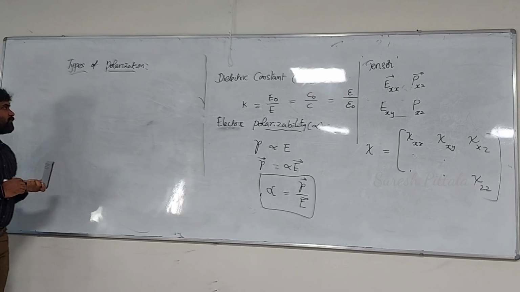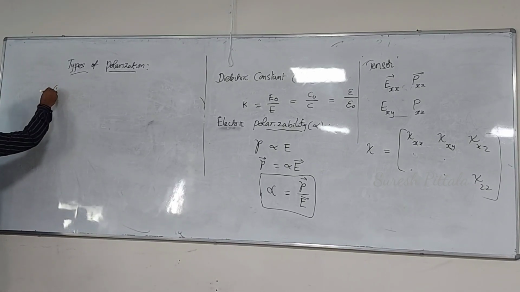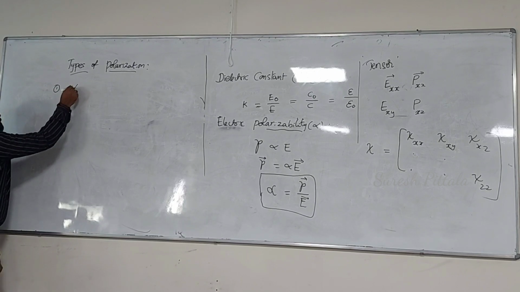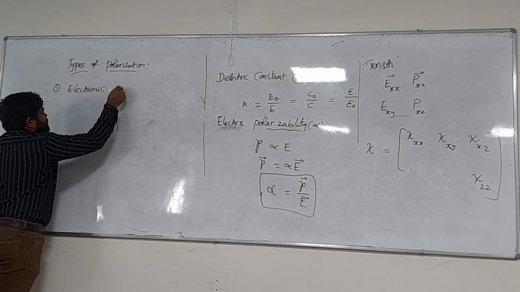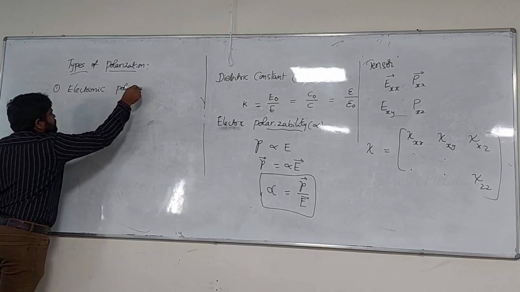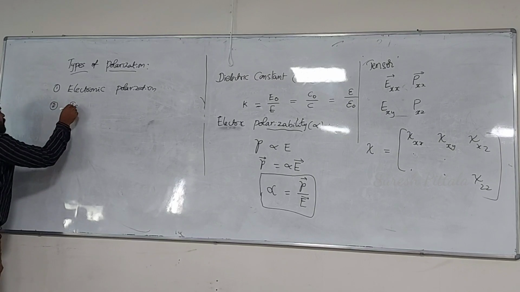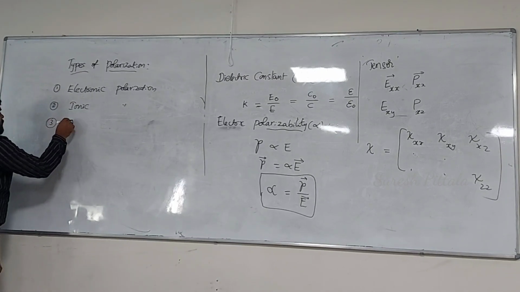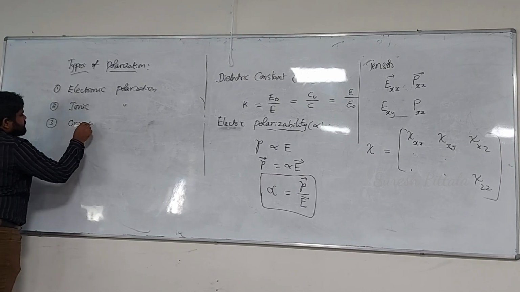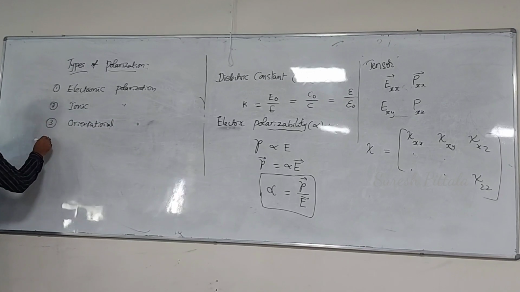If you summarize all of them, there are 4 types of creating polarization. Type number 1 is electronic polarization. Second is ionic polarization. Third is orientational.